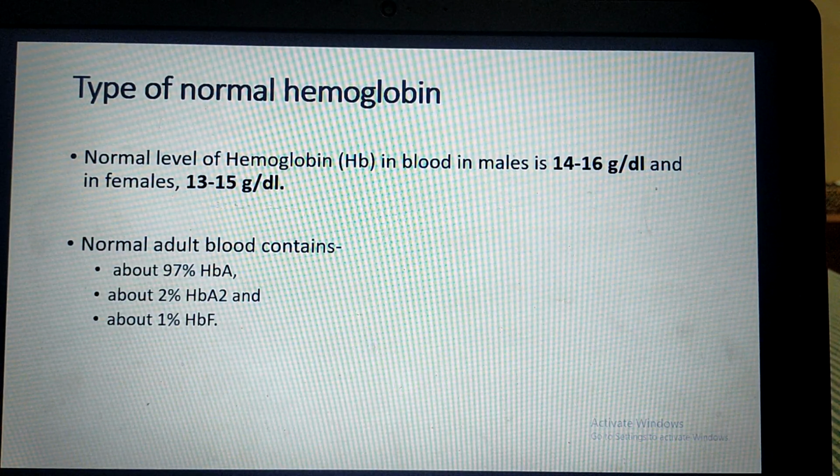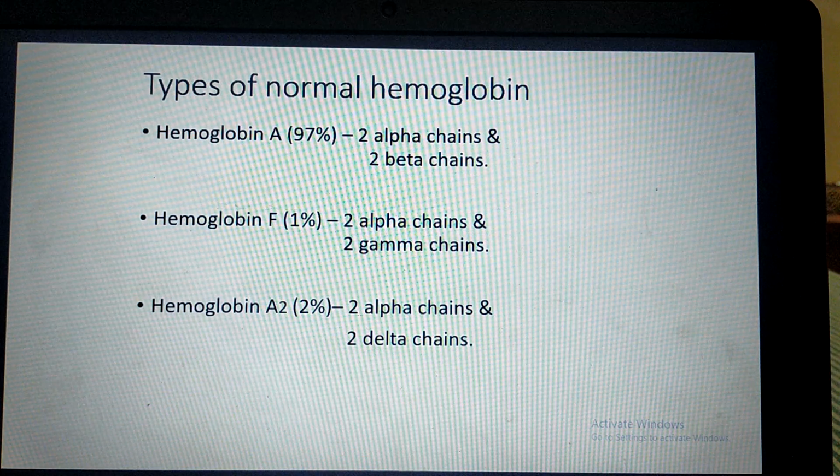Normal hemoglobin in the blood is 14 to 16 gram per deciliter in males, and in females it is 13 to 15 gram per deciliter. Normal adult blood contains 97% hemoglobin A, where A stands for adult, 2% hemoglobin A2 and 1% hemoglobin F, where F stands for fetal hemoglobin. Hemoglobin A, that is normal, forms 97%. It is made up of 2 alpha chains and 2 beta chains.